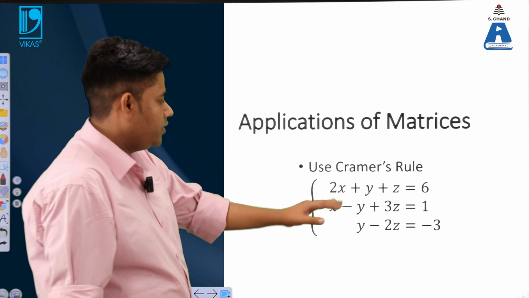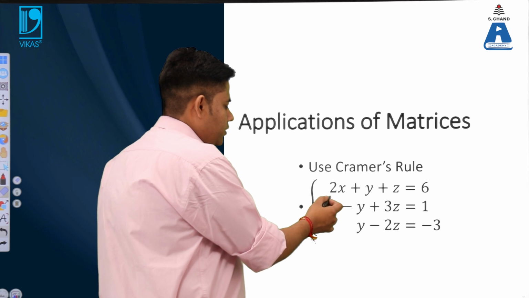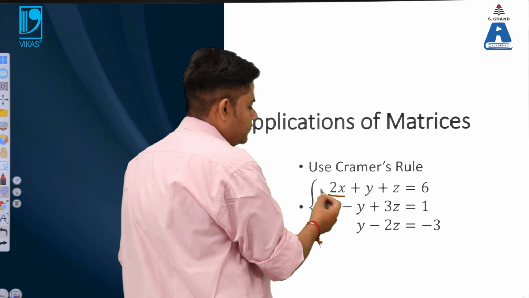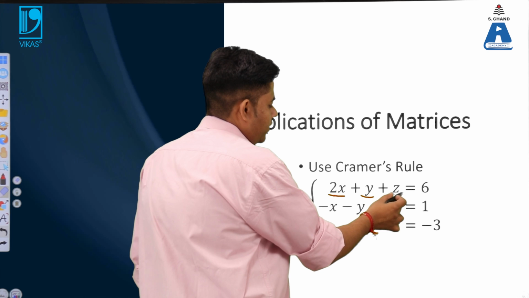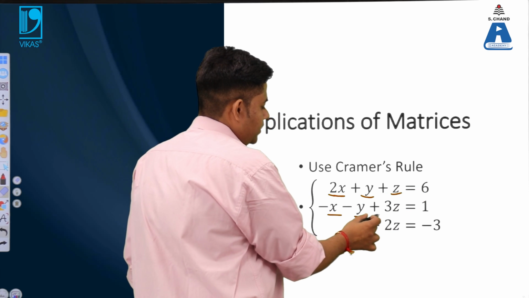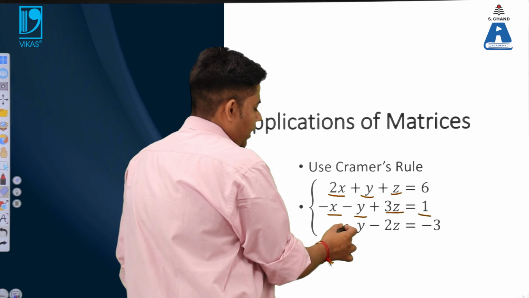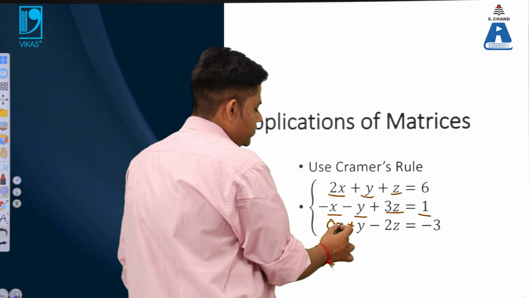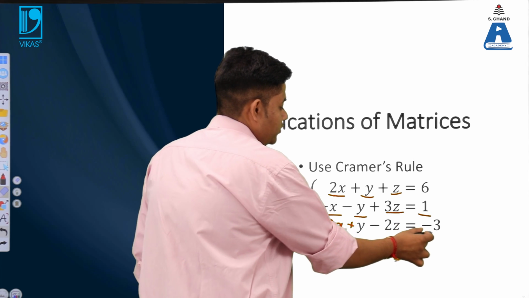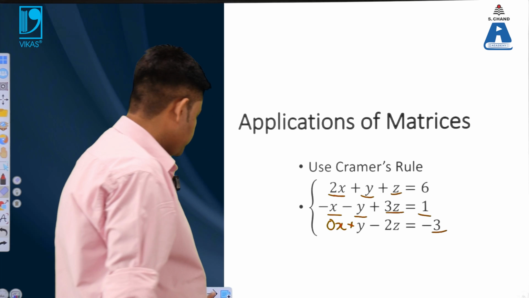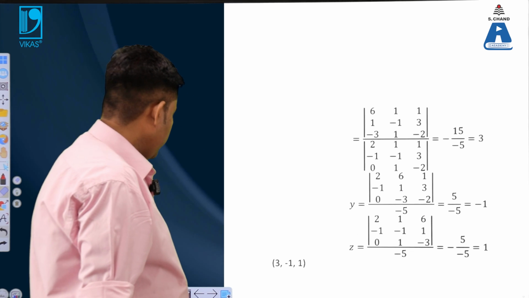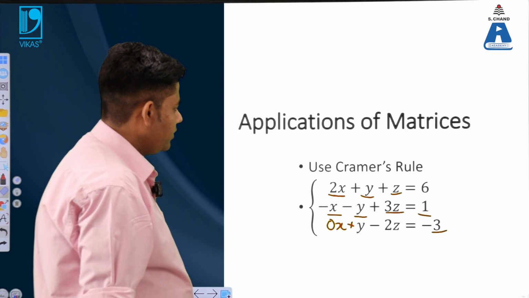So this is the equation that we wish to solve for finding the values of x, y and z. So 2x plus y plus z equals 6, minus x plus y plus 3z equals 1, and we have another equation which is 0x plus y minus 2z equals minus 3. So what do we have here?